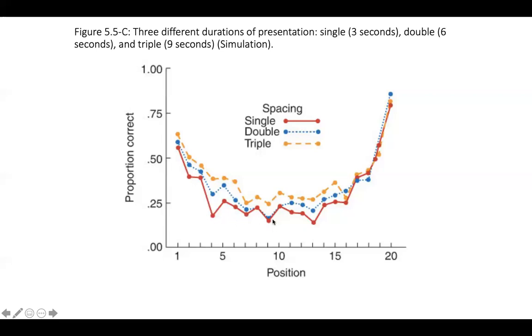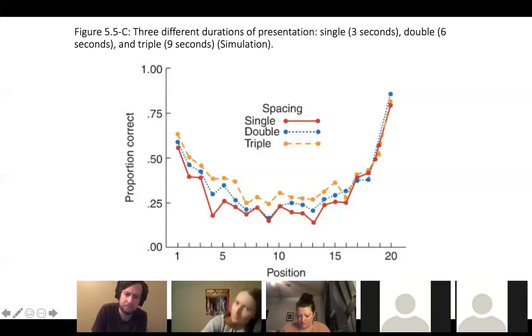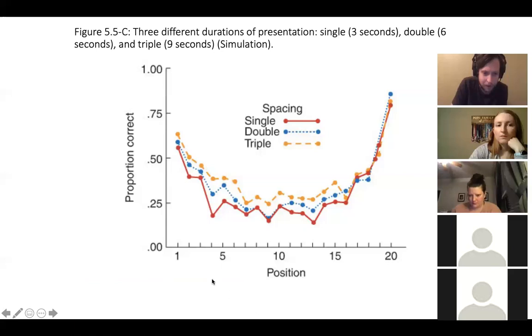But an important question is, did the rate of presentation in this study have an important influence on recency effects? I see one person shaking their head no. Would you mind explaining why you say that the rate did not have an appreciable influence on recency effects?